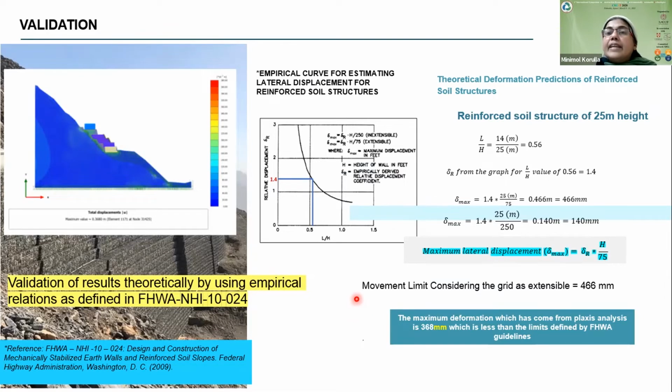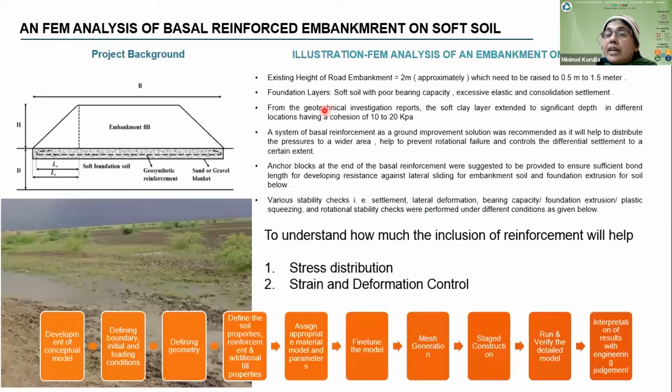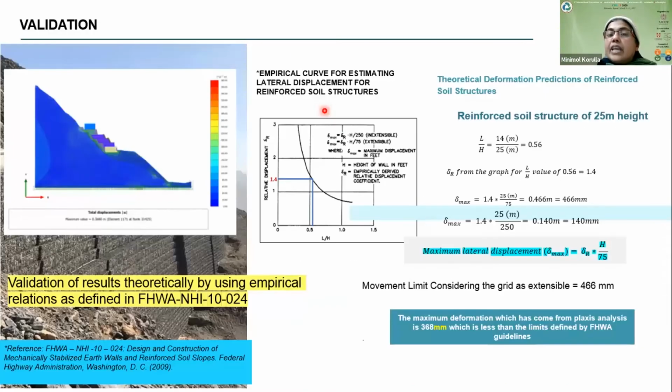To validate it, the theoretical empirical curve given by FHWA was taken, and as per that, the delta R from this graph for the different L by H value was coming as 1.4.